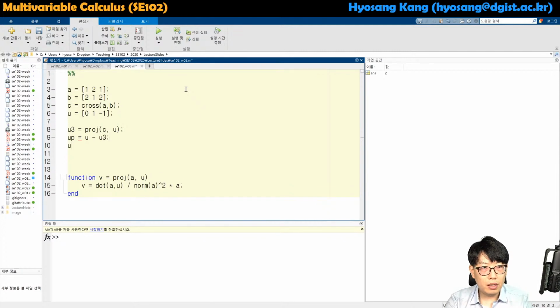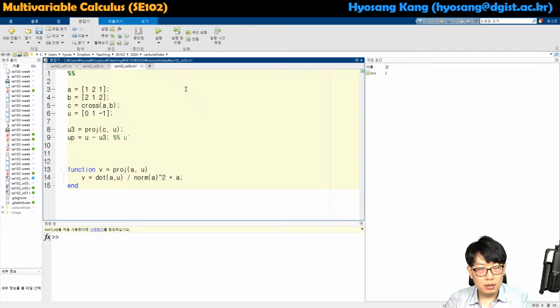So instead of writing U prime, I put UP, because Matlab considers U prime as the transpose of U. So don't use prime unless you know what you're doing. Okay.